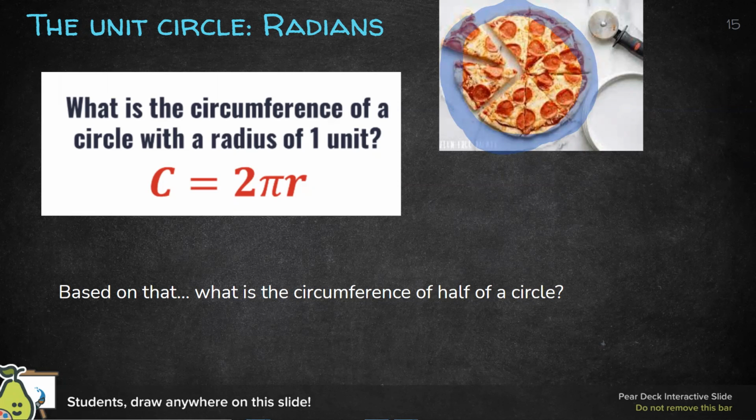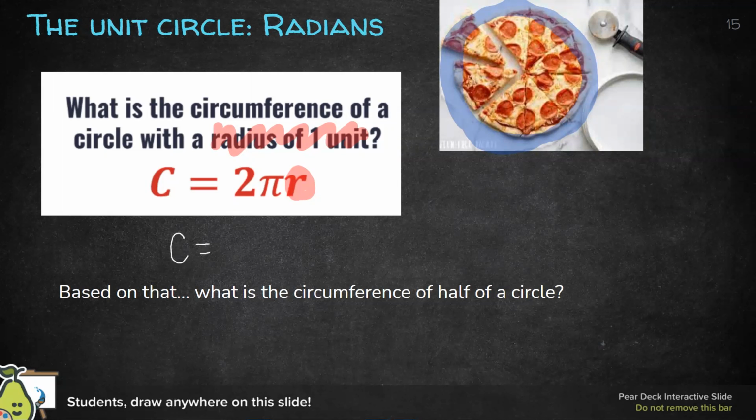My question for you is, what is the circumference of a circle if the radius of that circle is 1? In case you didn't remember, the circumference equation is circumference equals 2 pi times the radius. What is the circumference of a circle with a radius of 1 unit?